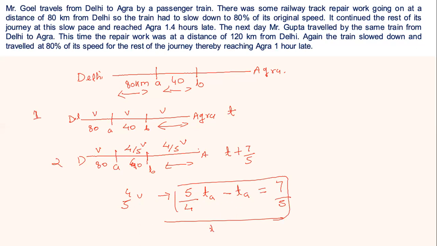If I solve this equation, it becomes very easy. The time taken from A to Agra, if I solve it, 5/4 minus 1 is equal to 1/4. It becomes 28/5. So I am writing it down here that the A to Agra time taken is 28/5.